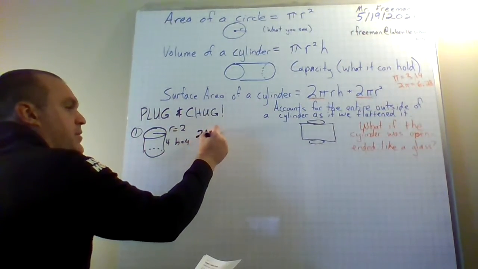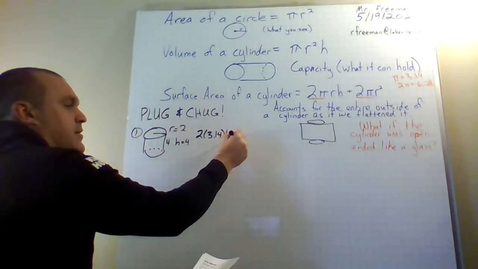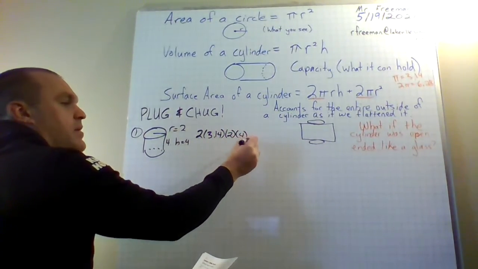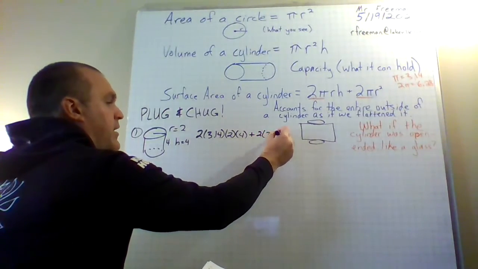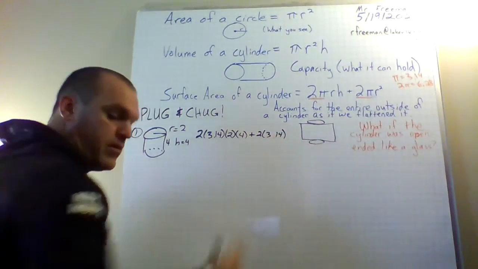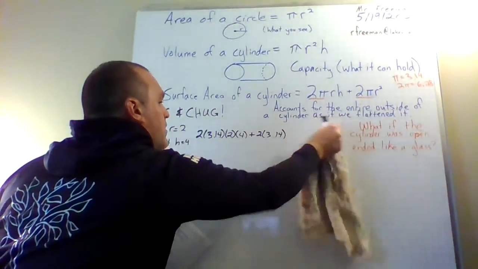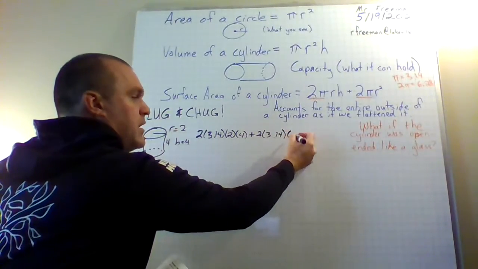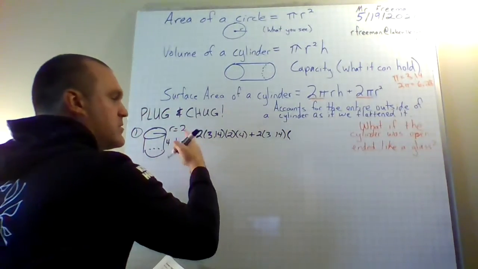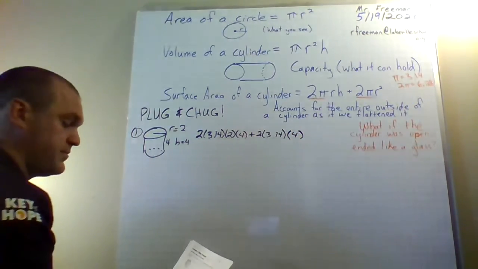Okay, 2 times pi times the radius times the height plus 2 times pi. I don't need this guy over here anymore. I can erase him to make us have a little bit more room. Radius is 2, so squaring a 2 is 2 times 2, which is a 4.